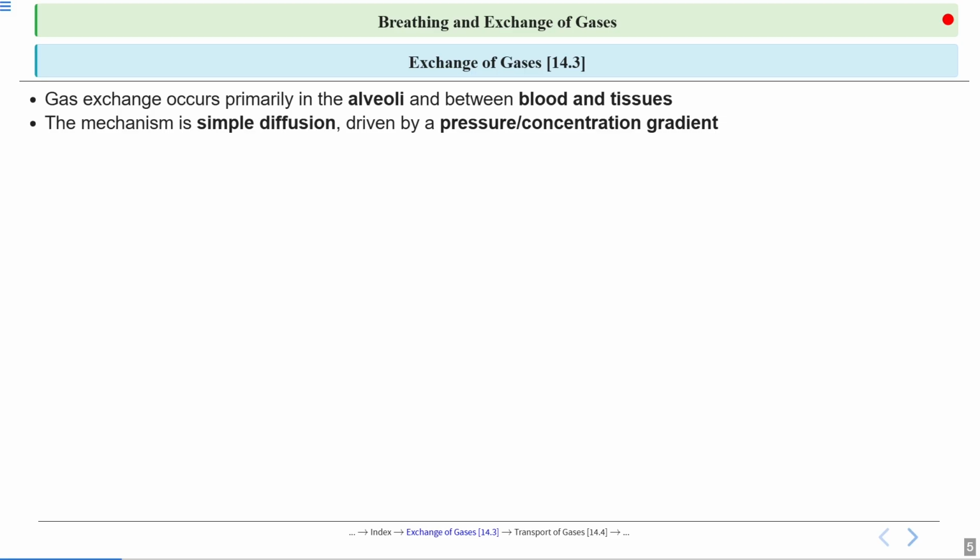You all know that simple diffusion means diffusion based on the pressure gradient, or concentration gradient. It means the molecules will move from higher pressure to lower pressure, or higher concentration to lower concentration. Gradient means the difference of pressure or the difference of concentration.